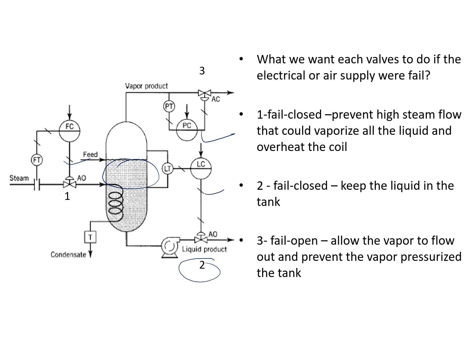If we use a fail close valve here, the vapor will accumulate inside the system and cause the tank to be overpressure, and lastly it can cause an explosion. So that's why we use the fail open valve in the pressure system, so that when the electrical or air supply fails, all the vapor from this tank can go out through the stream. It will not accumulate inside the tank.